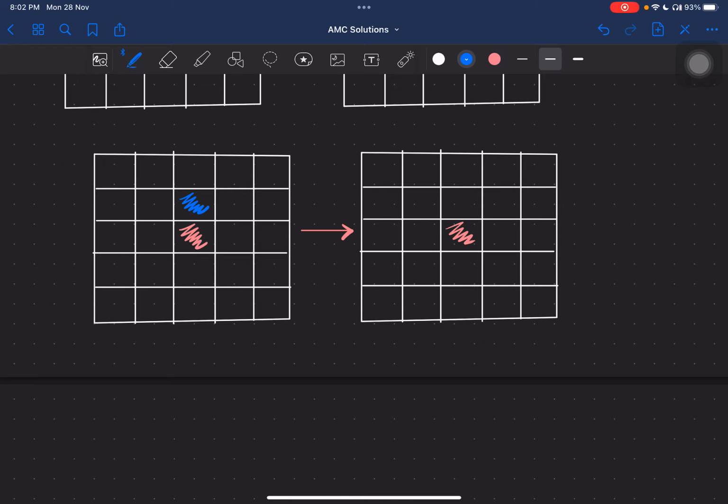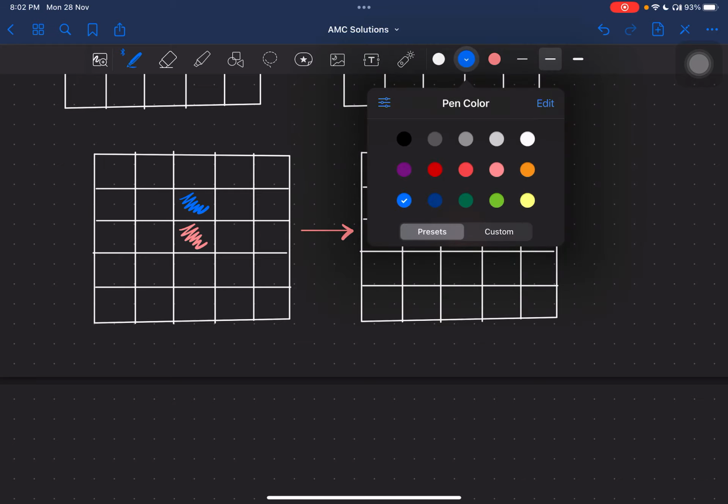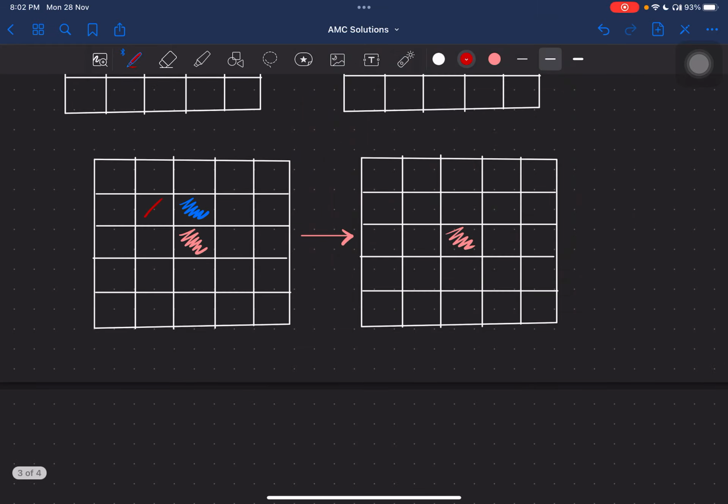Since adjacent ones cannot be filled, these positions are not allowed. Similarly, once this is filled, these positions are also not allowed, because if you fill here, then it has 2 adjacent and it will remain filled.